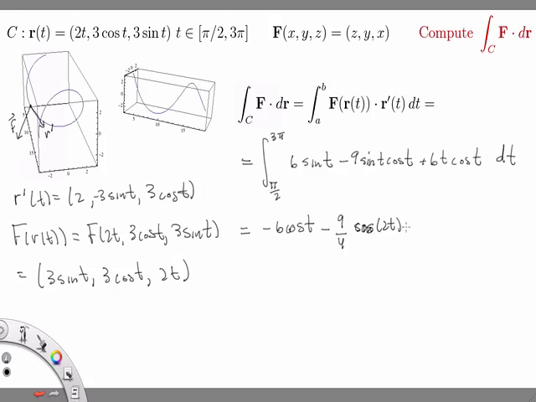And I'm not going to go through the work, but this is going to be 6t times sine t, and then plus 6 cosine t. Alright, so this function is what we're going to evaluate from pi over 2 to 3 pi.